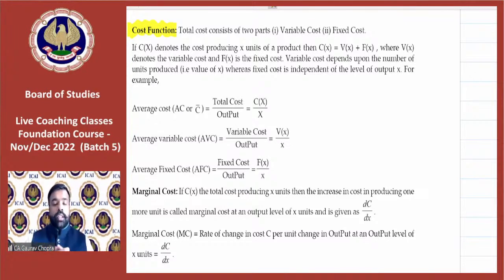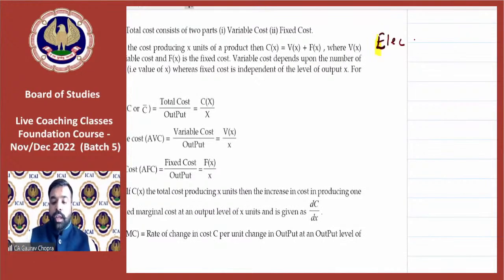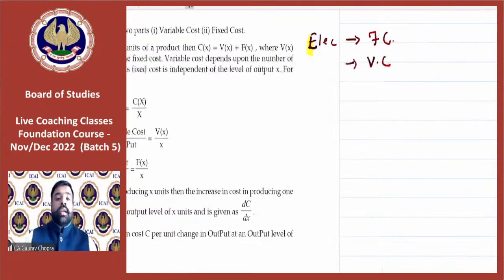So these two are the portions. Whenever we are talking about, let's say, electricity bill, this is the most common example of having both the things, fixed as well as variable, because the bill is having some fixed charges and other charges is the variable cost.